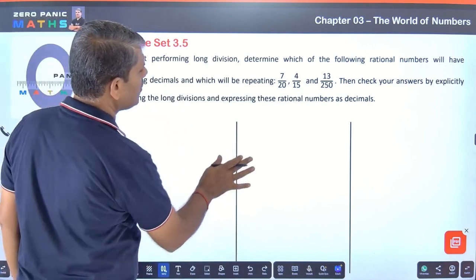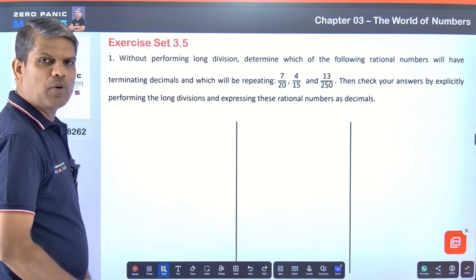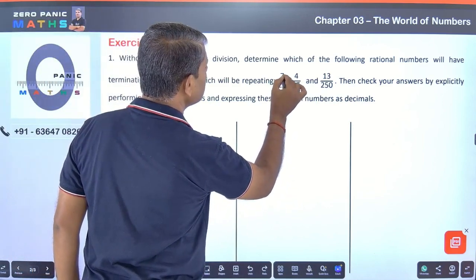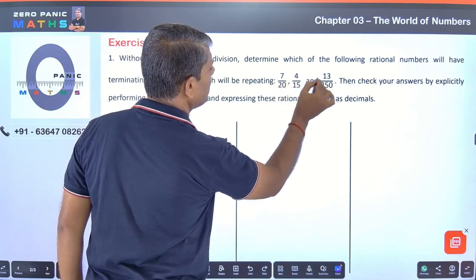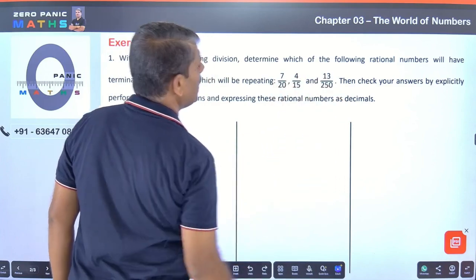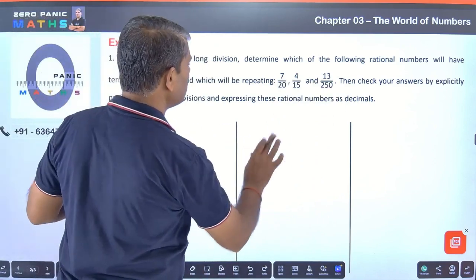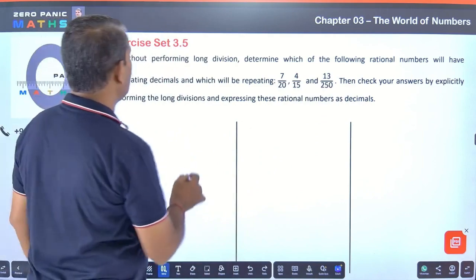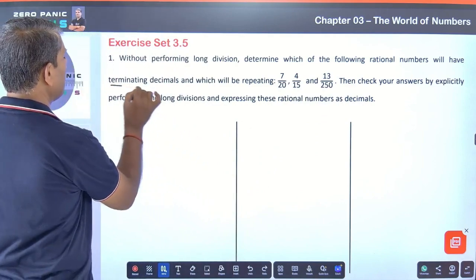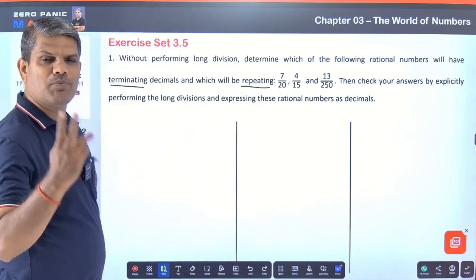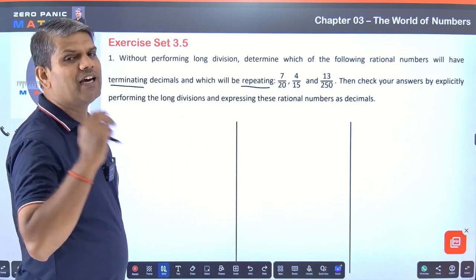This is also a very simple problem, wherein we are asked to represent these rationals 7 by 20, 4 by 15 and 13 by 250 in the form of decimals, and identify whether those decimals are terminating or repeating, because these are the two important characteristics of rational numbers.